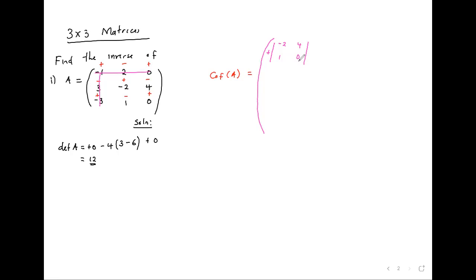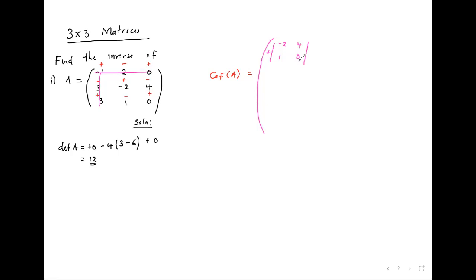Multiply. If there's a row or column with zeros, that becomes your target because you have nothing to calculate there, only for one number. Like in this case, only for negative 4.